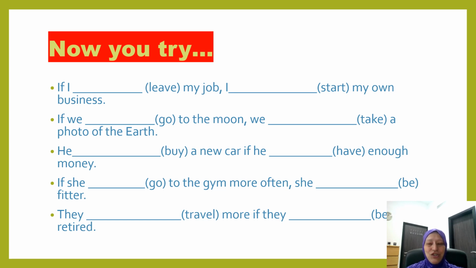The second conditional, imaginary, not possible, but in the future. And the third conditional, imaginary, in the past. Again, the third conditional, as we said, has to do with regret. So look at the sentences and for a few seconds try to understand how to complete them.